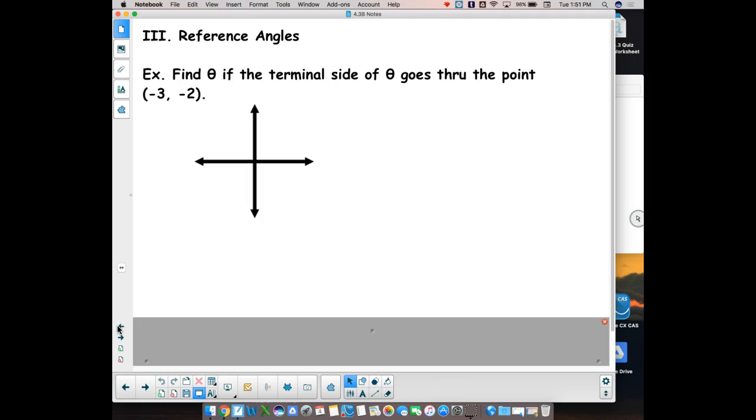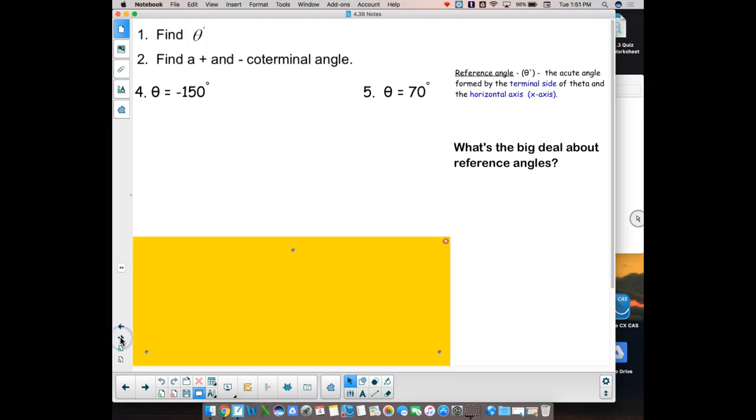And so we have to use inverse trig functions to find angles. So then why is reference angle so important if I'm using inverse cosine to find the angles? Why are reference angles so darn important? And why is an acute angle so important?